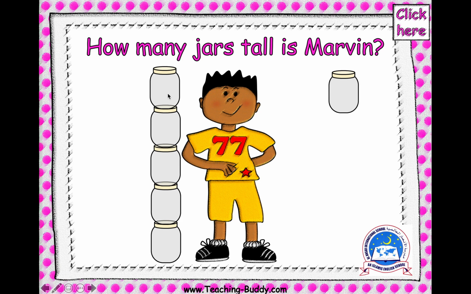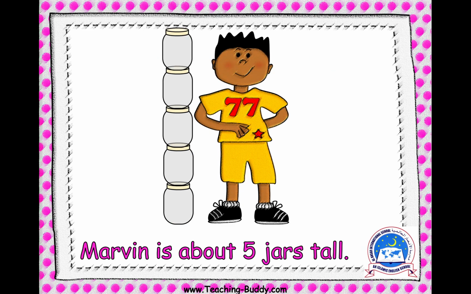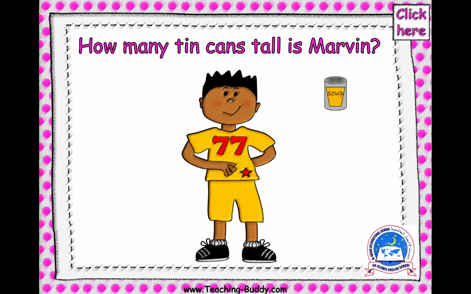So we can see that Marvin is 5 jars tall. Now, as you can see, we followed all the rules. We used the same object, we used the same size, and we left no spaces between them. So we are doing amazing. Now let's move on. So Marvin is about 5 jars tall.